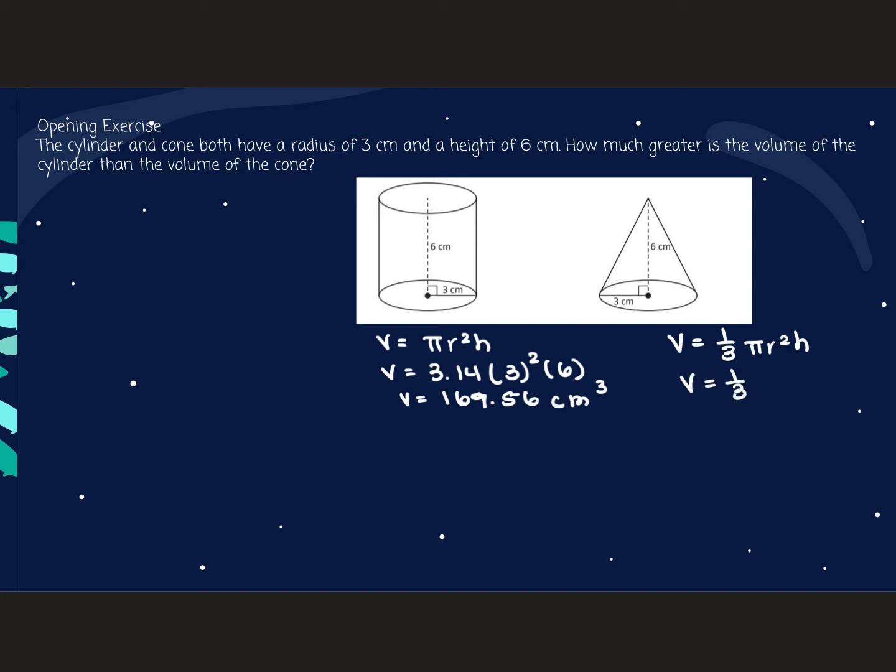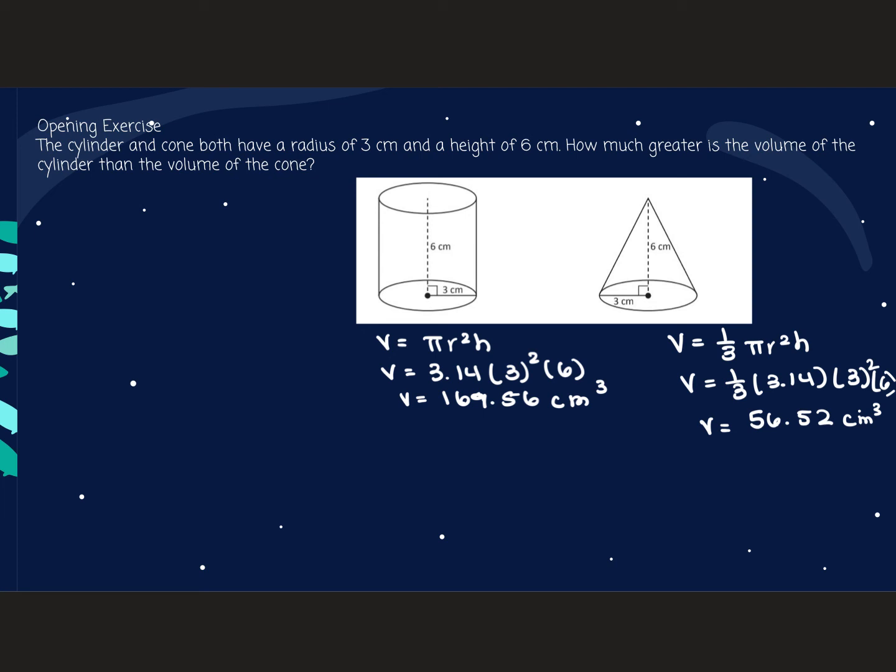So we have 1/3 times 3.14 times our radius squared, which is 3 squared, times our height of 6. Sorry, ran out of a little bit of space there. Again, we multiply that together, and we get that our volume is 56.52. We also have to put our unit, so it's centimeters cubed.